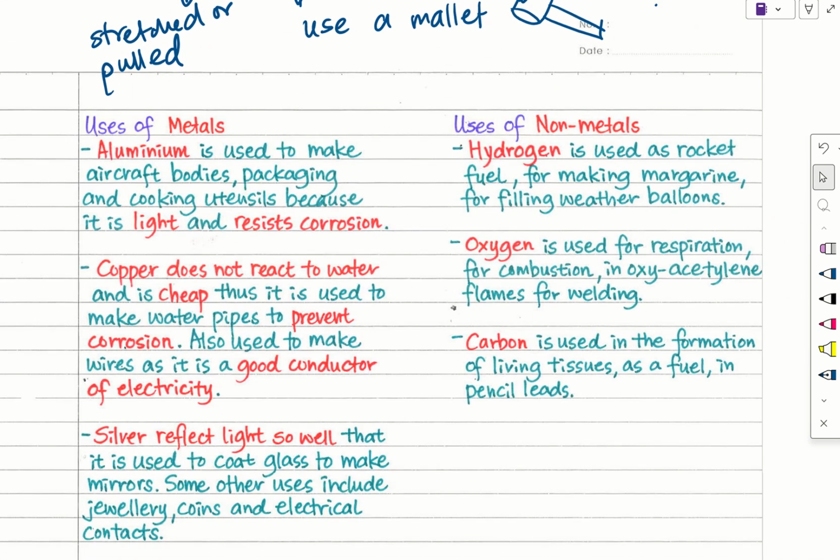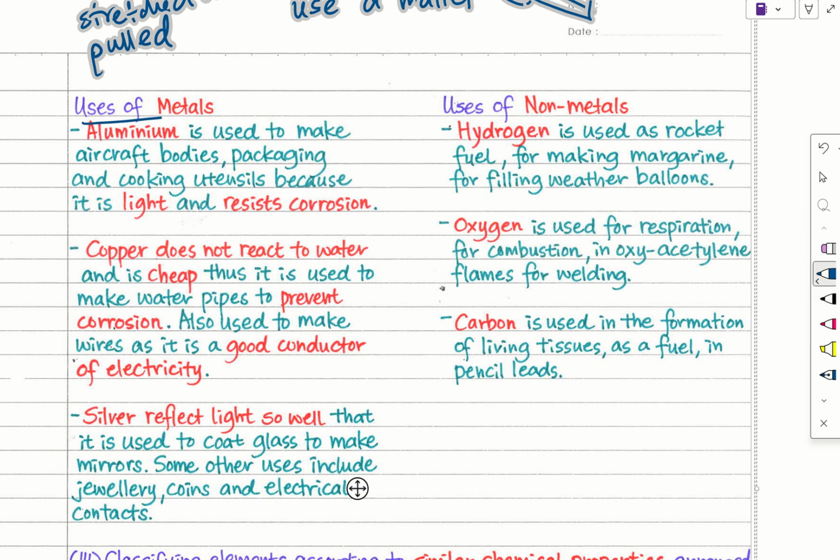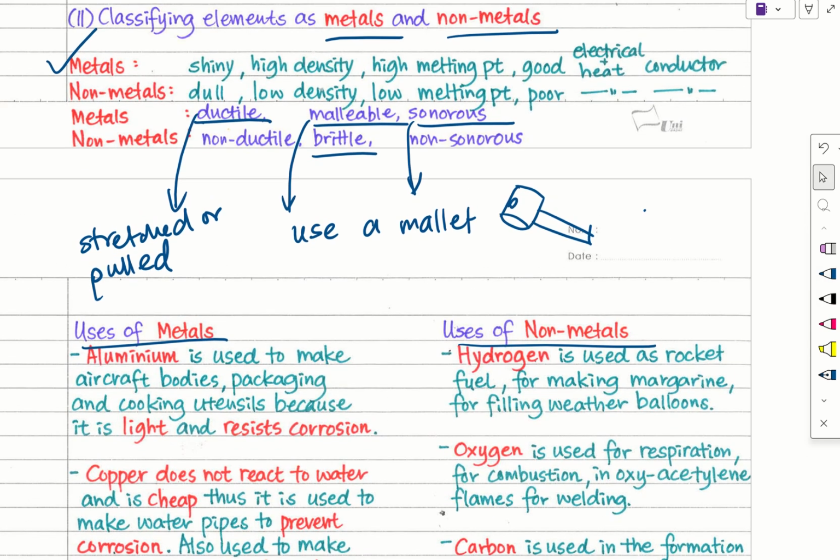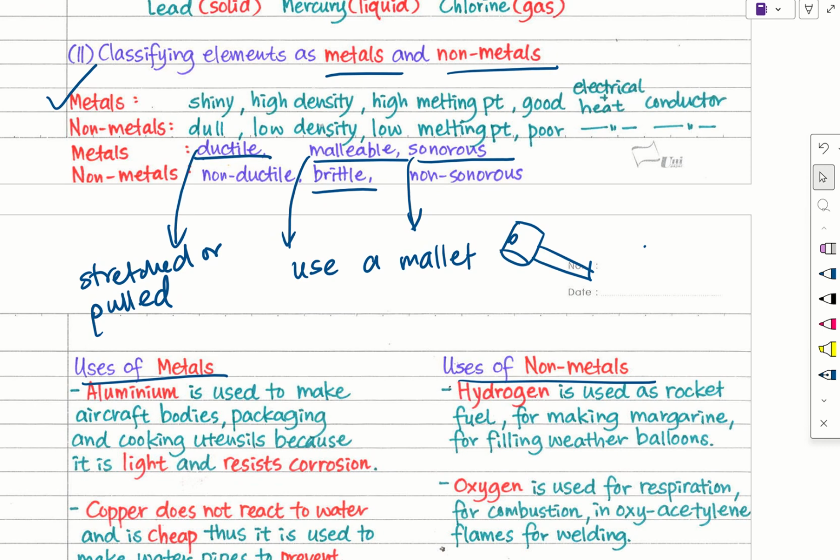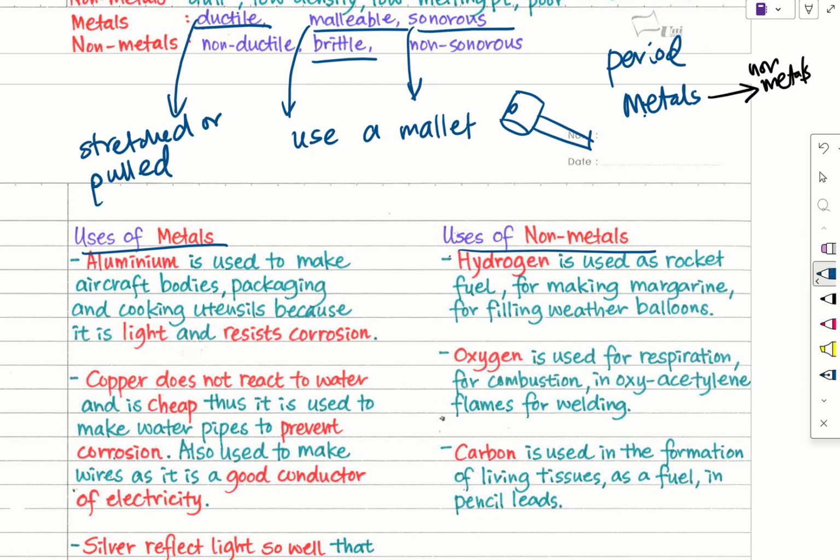Now you need to understand or memorize some of the uses of metals and uses of non-metals. By the way, in your periodic table, in each period, it transitions from metals all the way to non-metals, so from left to right, metals to non-metals.